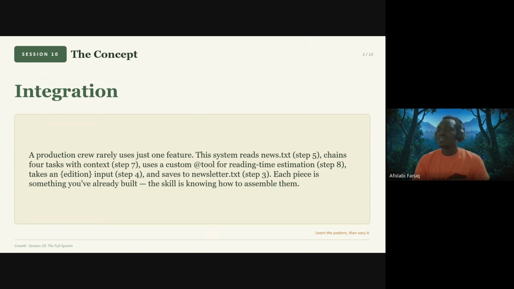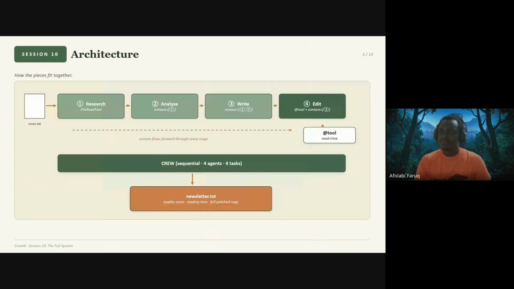So this system reads a file, chains 4 tasks with context, uses a custom tool, which we are going to build ourselves, for reading time estimation, and takes an edition input and saves into an output file. Each of these is something we built over the last 9 sessions, and that's what we are going to be assembling together in this session to really show the essence of what we have learned so far.